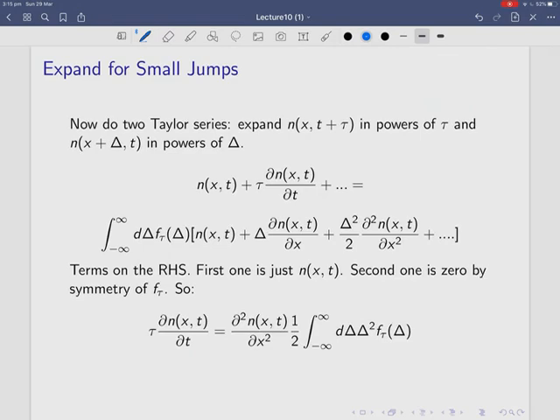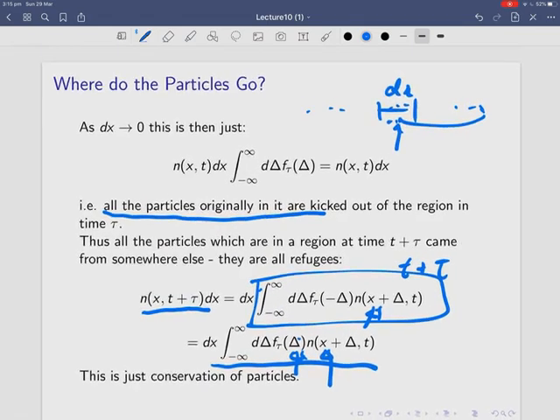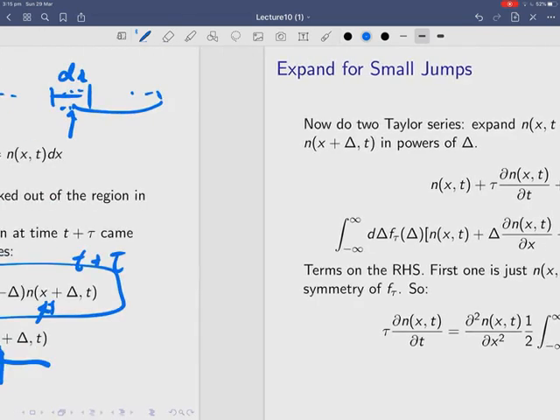All right, now we can take this equation back here and do a Taylor series expansion of both sides. We're going to Taylor expand the left-hand side in terms of powers of tau.